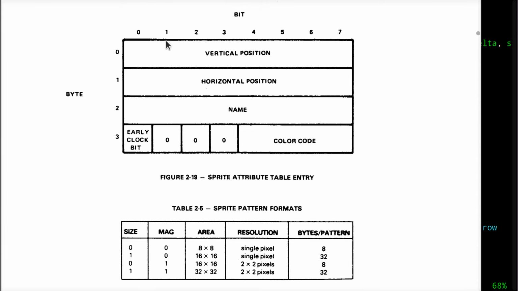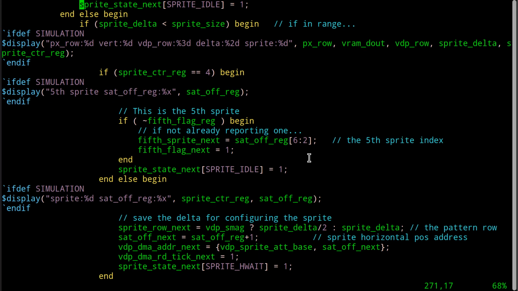We want to divide it by 4 because it goes 0, 4, 8, and so on for the addresses that represent the first byte of each of these entries. And that's what's in this offset reg thing here, okay? By throwing away the least significant 2 bits, we're dividing it by 4. And that is the ID number of that 5th sprite, the one that we've just read in, okay?